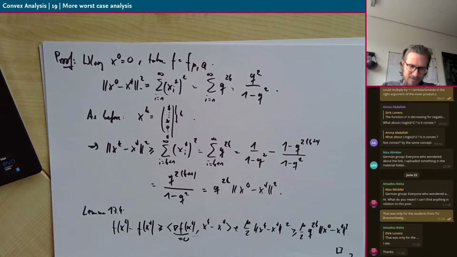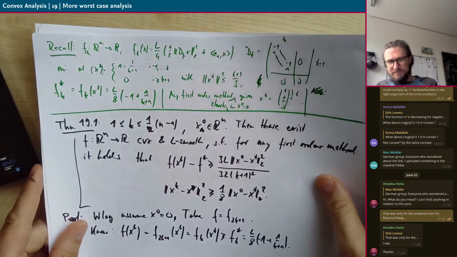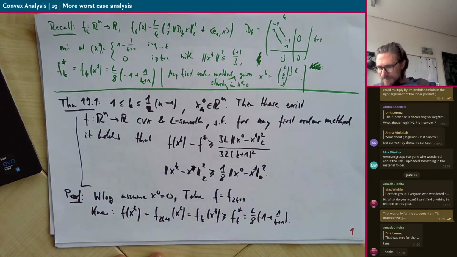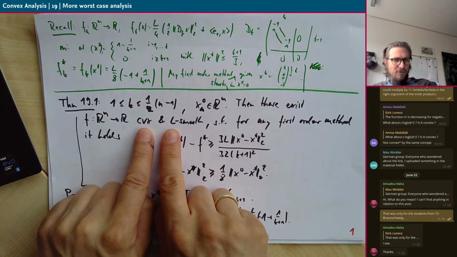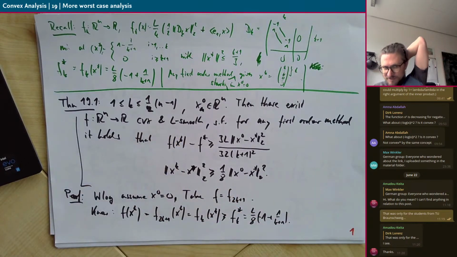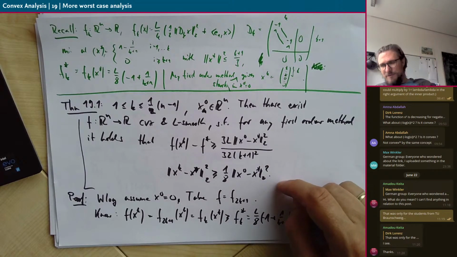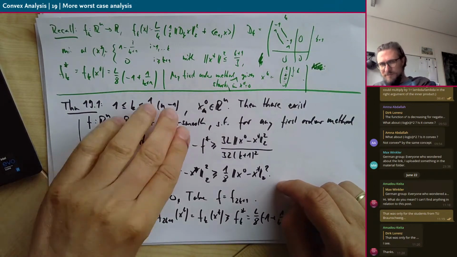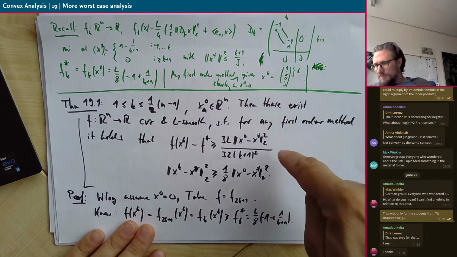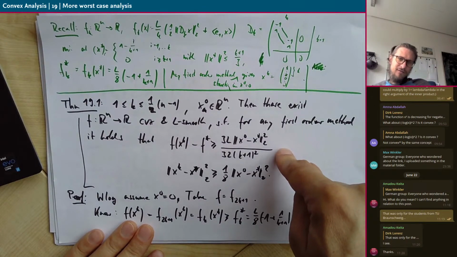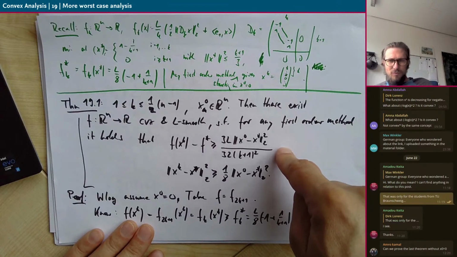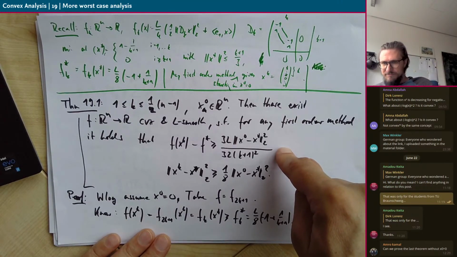So the first main result is in the class of convex and L-smooth functions, there is a function such that any first order method does not do better than this in the first iterates. So if you just omit this above here, they say that the error in convex optimization with first order methods cannot go down faster than 1 over k squared.